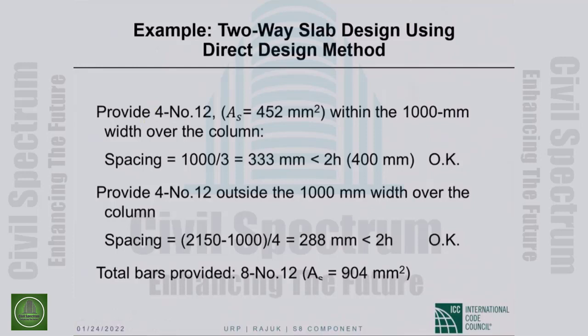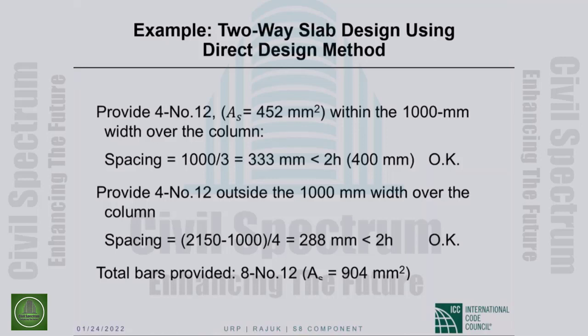That comes up to 452 square millimeters within the 1000 millimeter width over the column. So spacing of those 4 bars is 333 millimeters, which being less than 2 times h or 400 millimeters, we are okay. So we will provide 4 number 12 inside the moment transfer band, which has a width of 1000 millimeters.